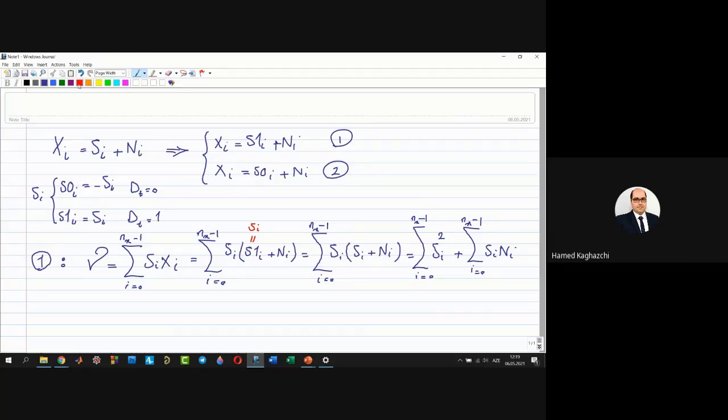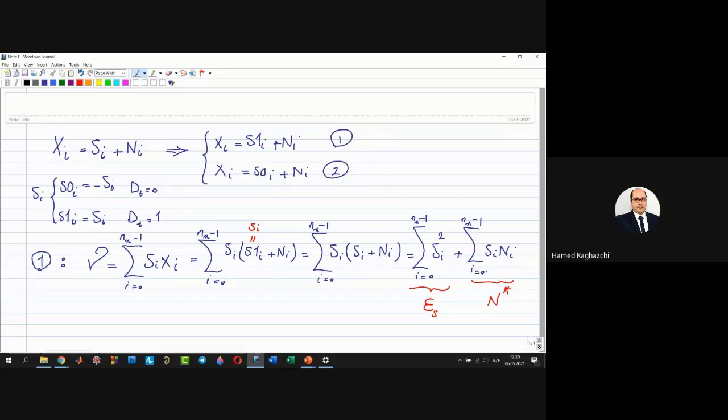Now, look at here. What is this phrase? Energy. Yes, energy of the signal. And this can also be called N star i, or we can only write N star. N star is also a noisy signal, a noise signal.